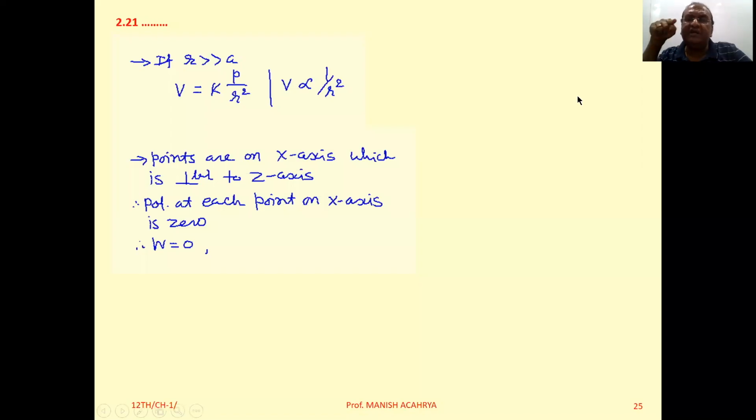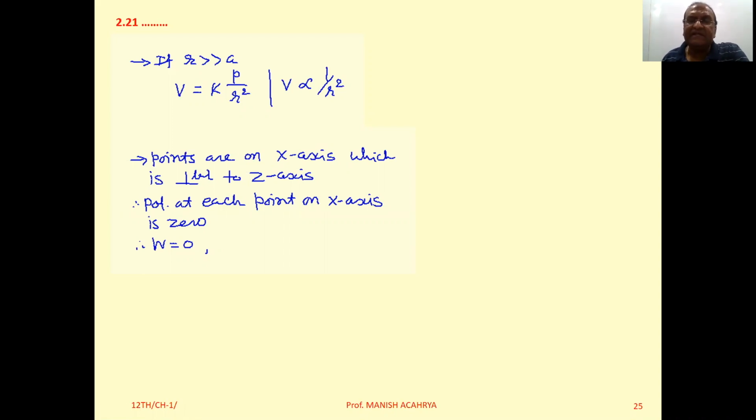So the potential at each point on the x-axis will be 0, and therefore the work done to move any test charge from one point to another point is q into delta V, but delta V, the potential difference, is 0, so the work done is 0.